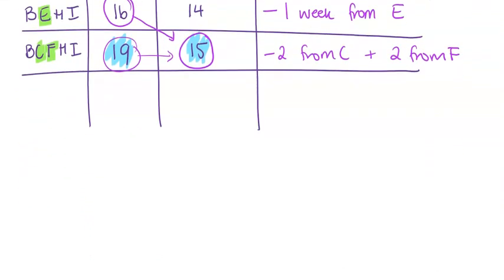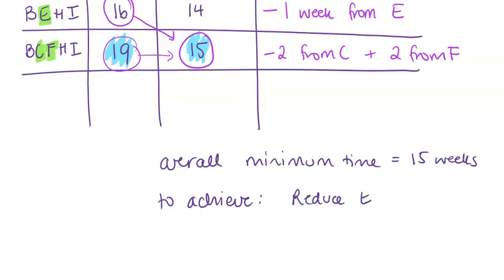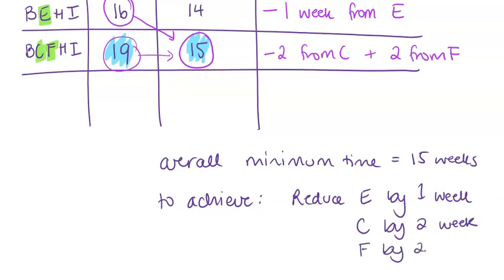So overall, our new minimum completion time is 15 weeks. To achieve that, we had to reduce E by 1 week, C by 2 weeks, and F by 2 weeks.